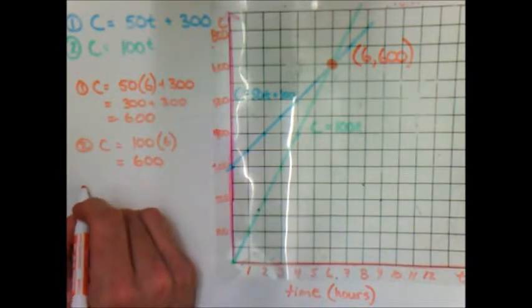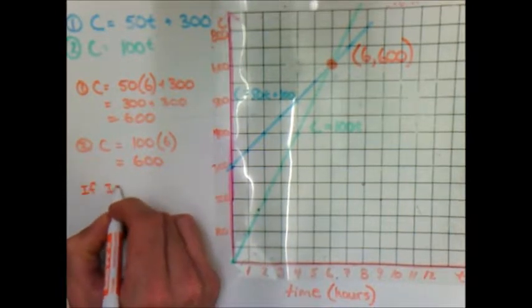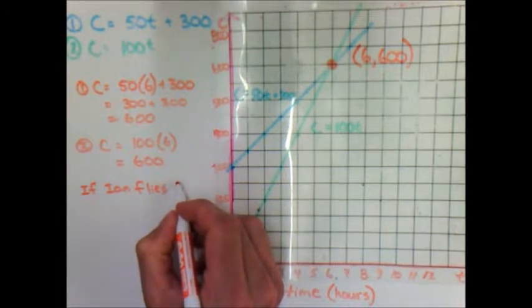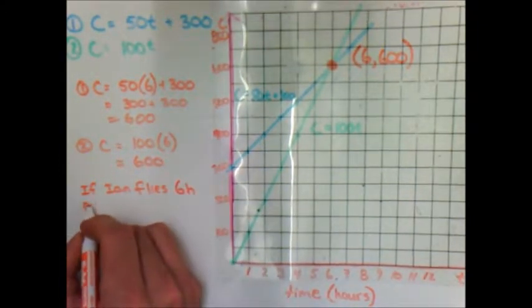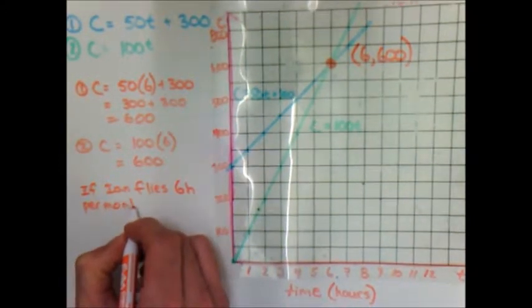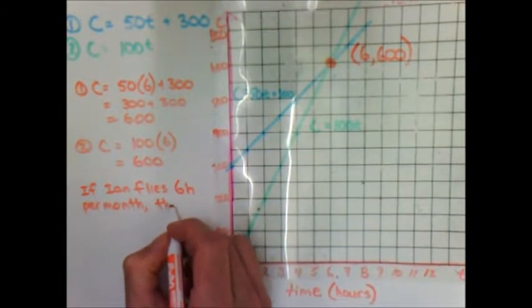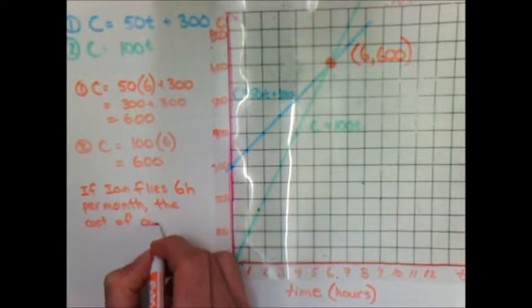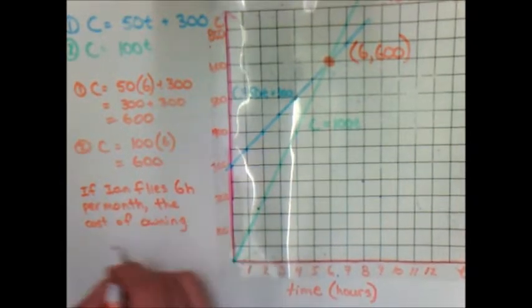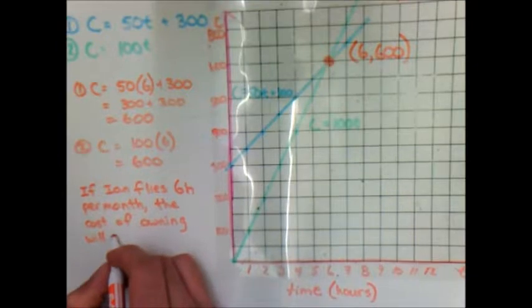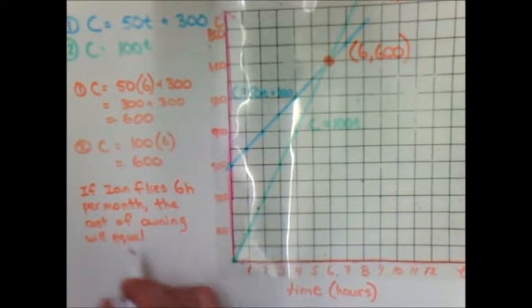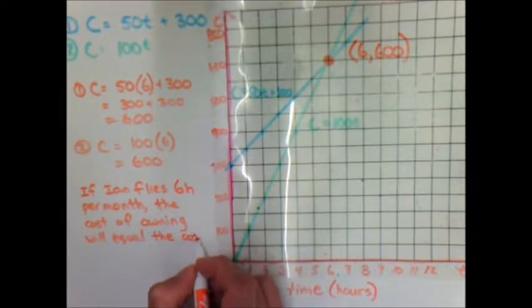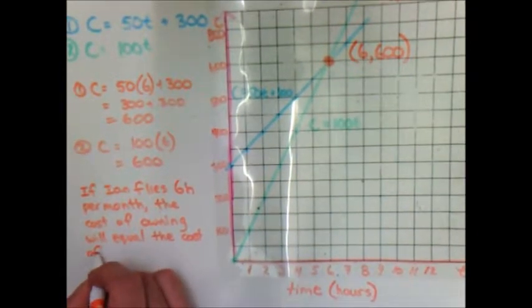If Ian flies 6 hours per month, the cost of owning will equal the cost of renting.